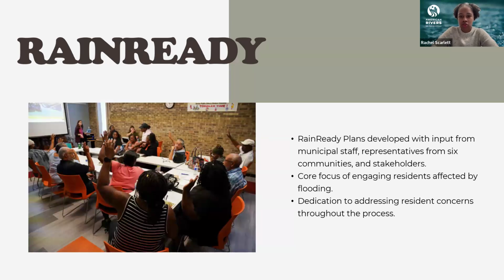So they created plans to address stormwater and flooding issues within the communities of the Calumet region. The core focus was to engage residents who were affected by flooding and planning for solutions to flooding. And Brandon Evans, my colleague, is the lead of this Rain Ready program.